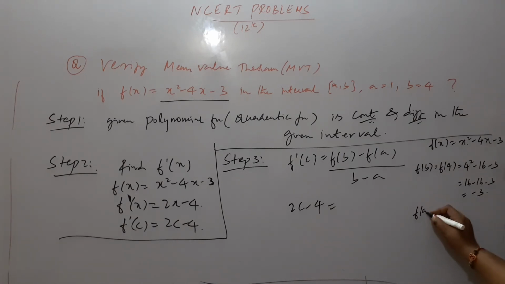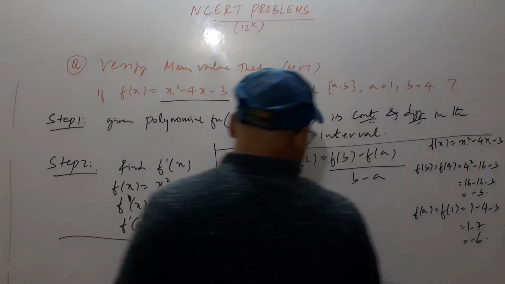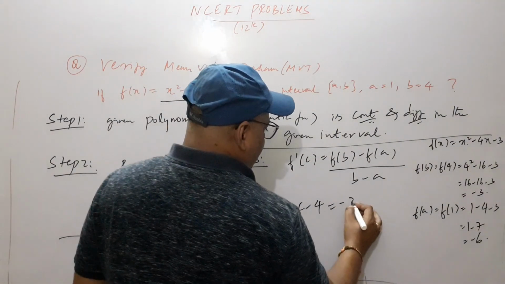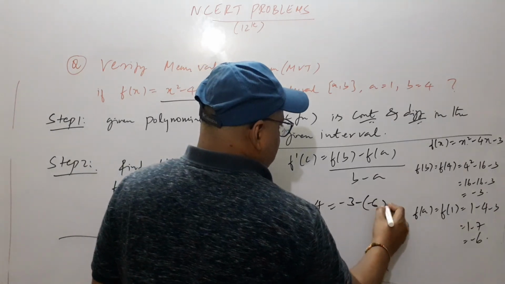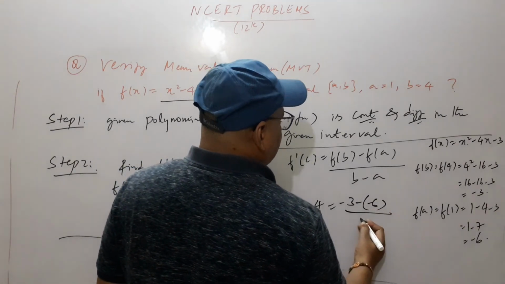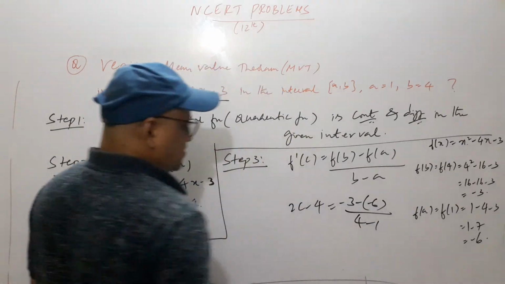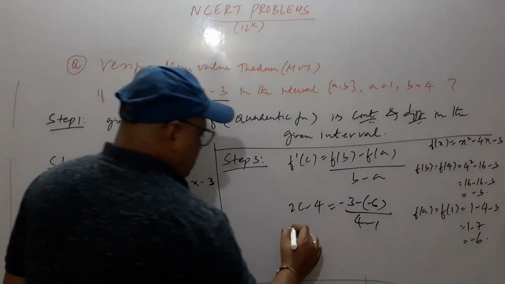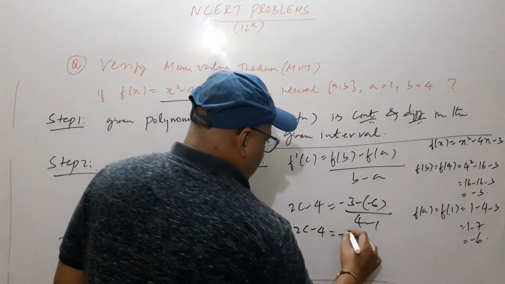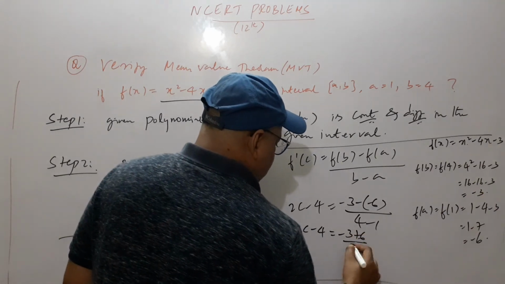F of a, f of 1, 1 minus 4 minus 3, minus 6 I am getting. Substitute the values. F of b is minus 3. This is minus 6 divided by b minus a, 4 minus 1. Solve this fast. 2c minus 4 will give me minus 3 plus 6 by 3.